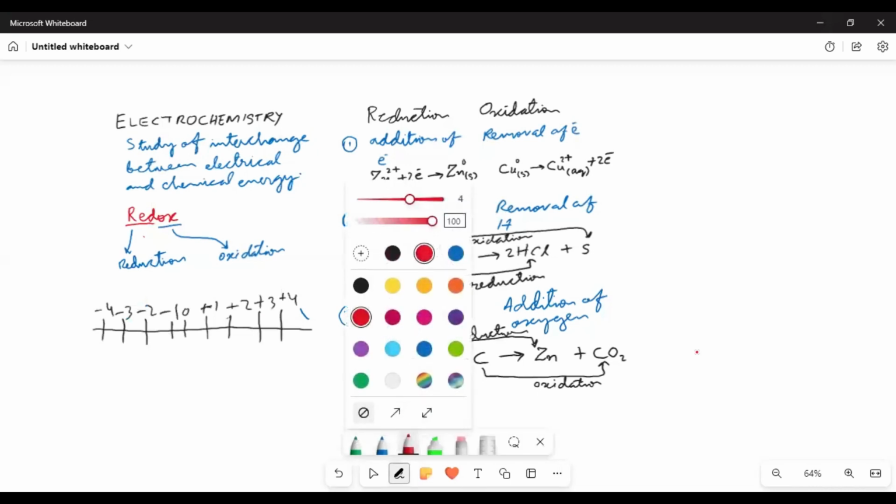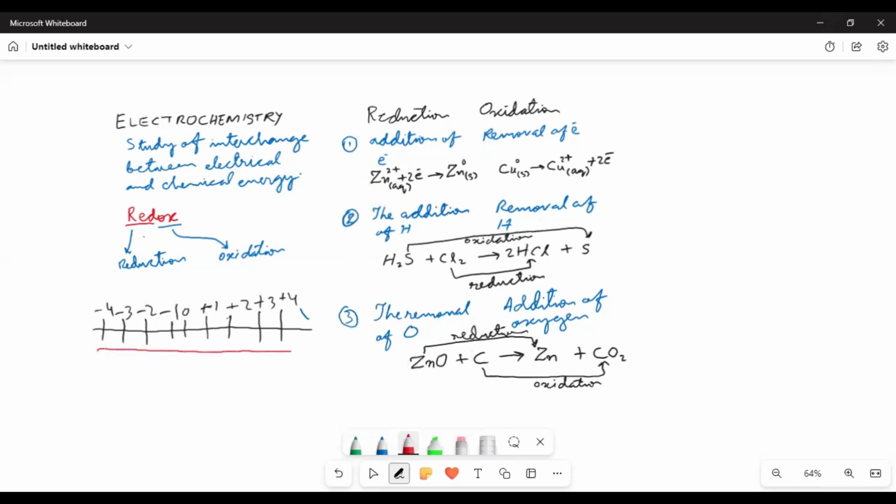When you move from left to right, this process is called oxidation. And if you move from right to left, then this process is called reduction.